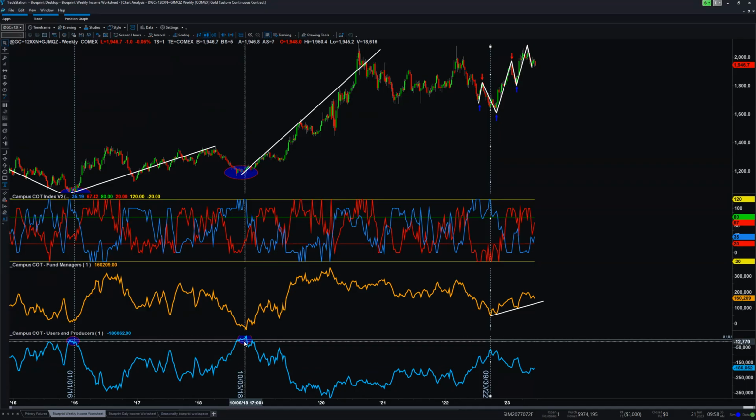That's when I'm also happy with you going out and buying gold bars and putting them in the vault or whatever. If you have a lot of money and you want to diversify your portfolio and you don't believe in paper currency and fiat money, and you're like, what's going to happen to all of that? I want some gold in the vault and maybe some silver. Whenever the commercials are at the net long areas, and they are from time to time, then you buy gold, right? Then you go and buy your gold bars.